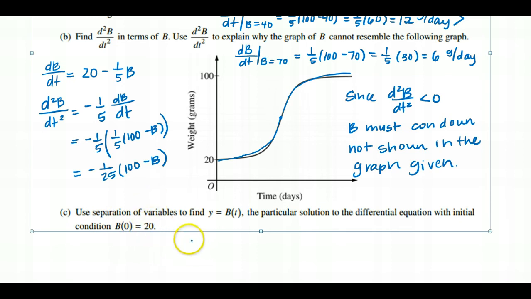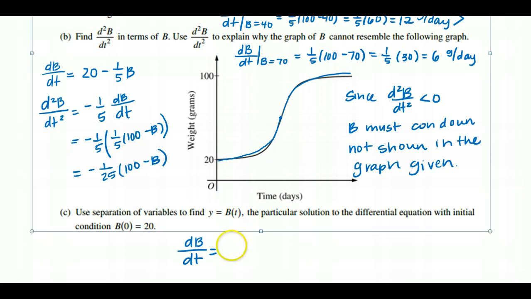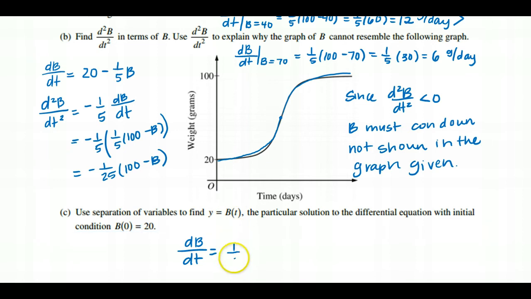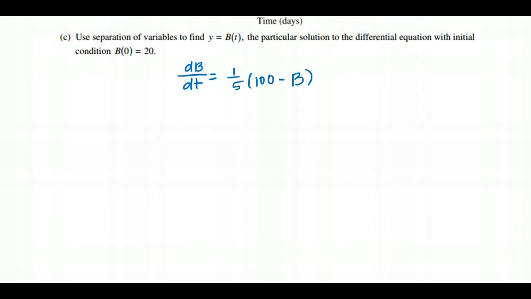So let's rewrite for ourselves the differential equation. db/dt equals 1/5 times 100 minus b. Alright, so this was our original differential equation. So let's go ahead and solve this.